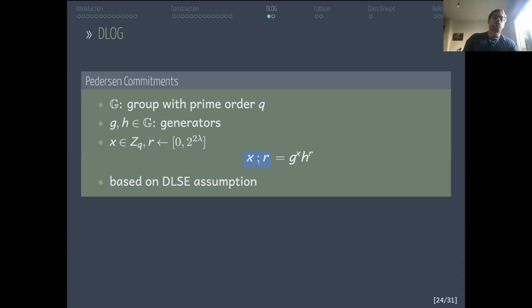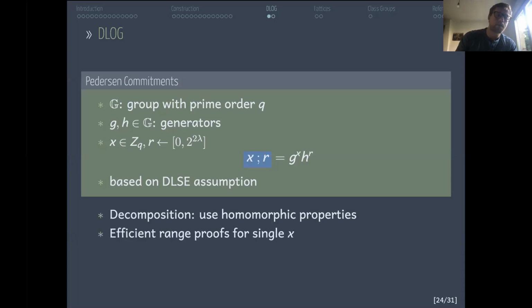This is secure, so binding and hiding, under the discrete log short exponent assumption. For the decomposition, we use the homomorphic properties of the commitment scheme to show the decomposition quite efficiently, and from this we get efficient range proofs for essentially a single integer. This is the setting where this proof shines.